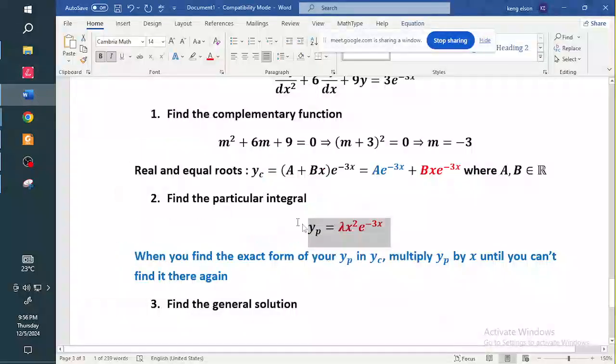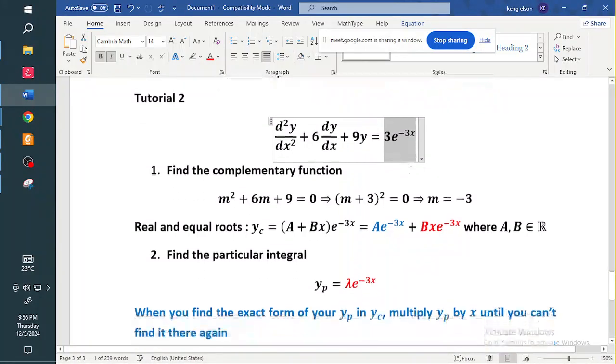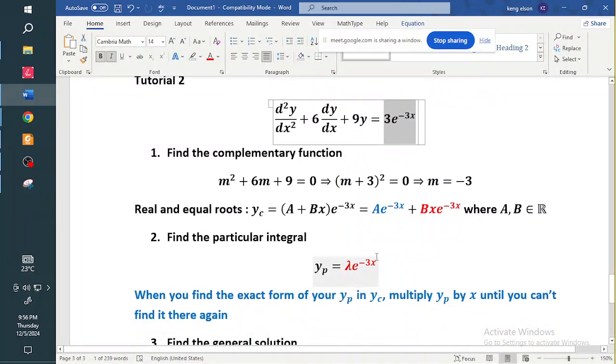Okay, again, look at the right hand side, 3e to the minus 3x. What is going to be our initial guess of a particular integral? This is it, right? Lambda e to the minus 3x. Now, when we have this initial guess, we have to come back to the complementary function and check if it is found there. If it is not found there, we just proceed with the initial guess.